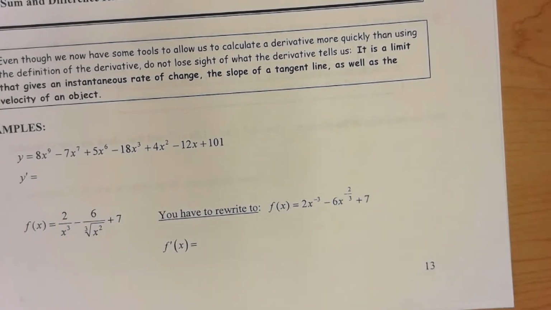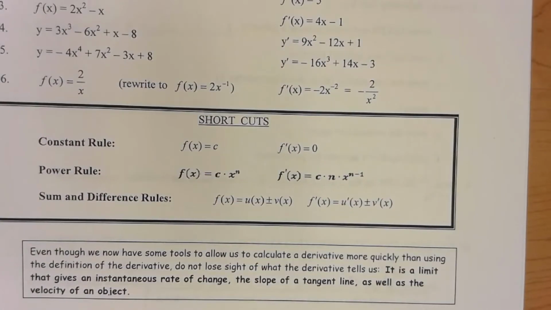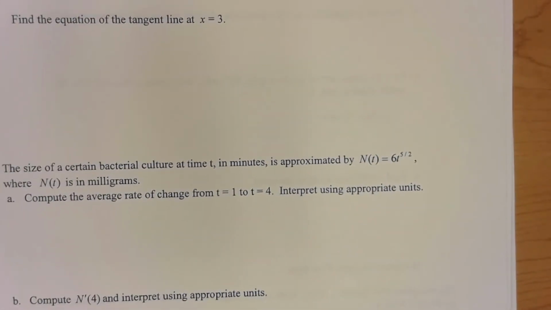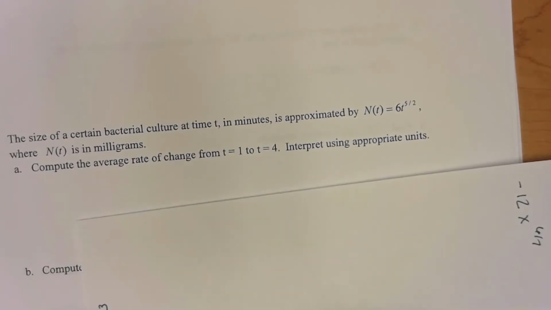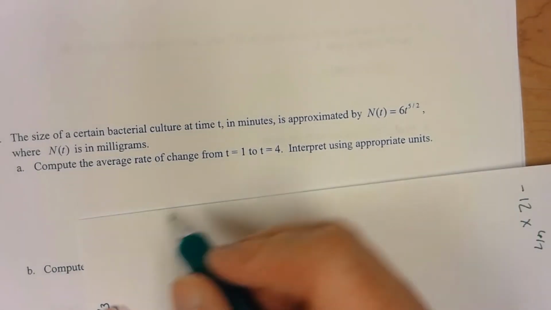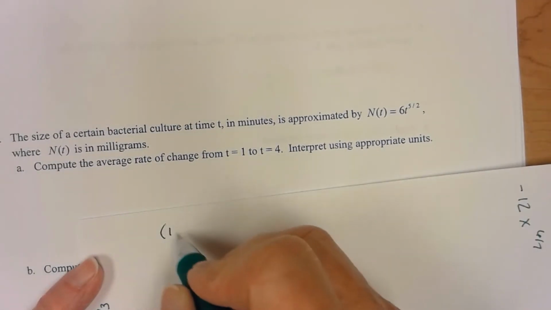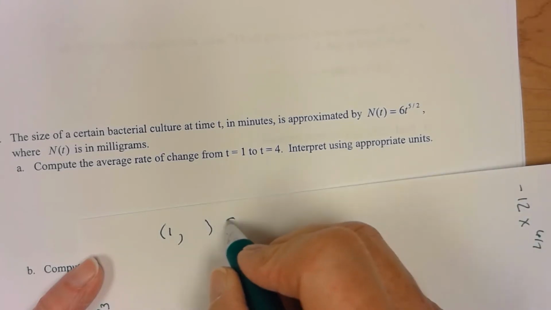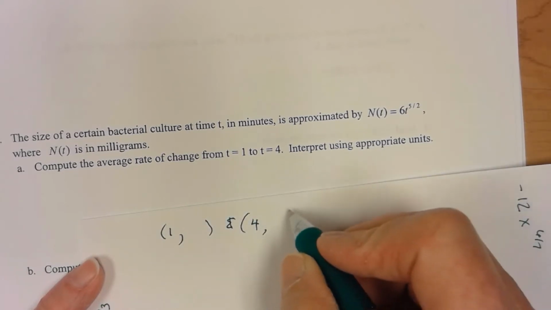Now the other problem, let me get to it. You have to go, now average rate of change, that is slope. Go get the points that go with a t-value of 1 and a t-value of 4.